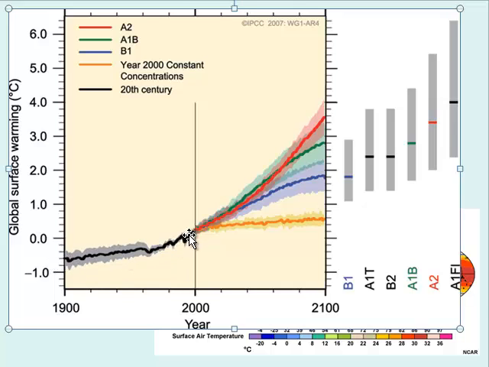So this is past information that we have, and then taking all that information and plugging it into various models, they have come up with 3 different scenarios. And these are represented by these 4 different graphs.